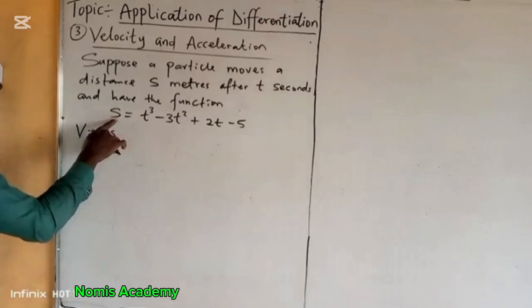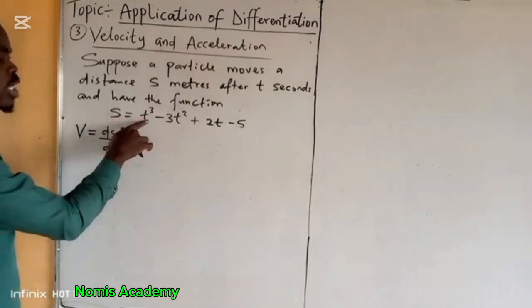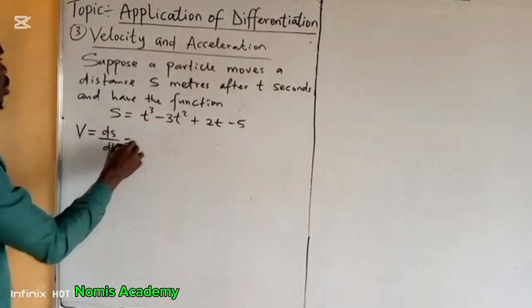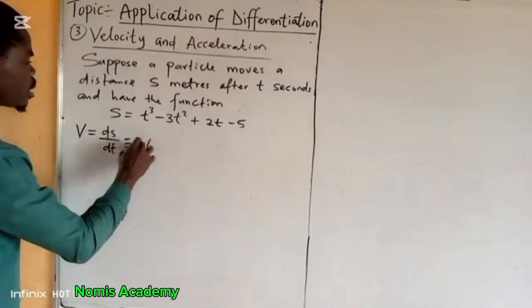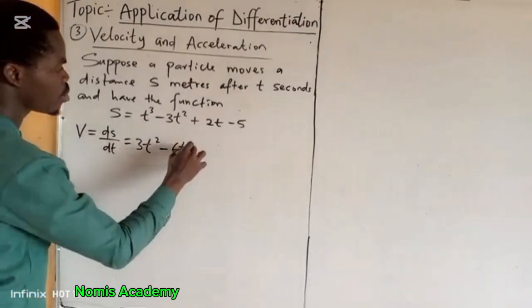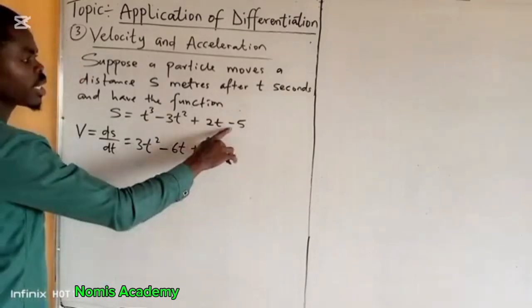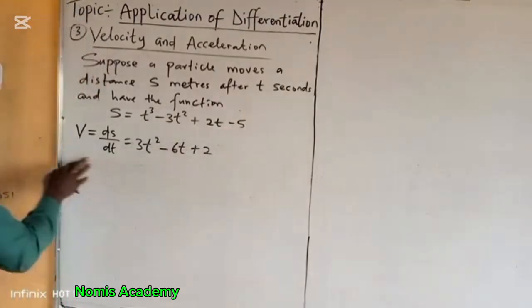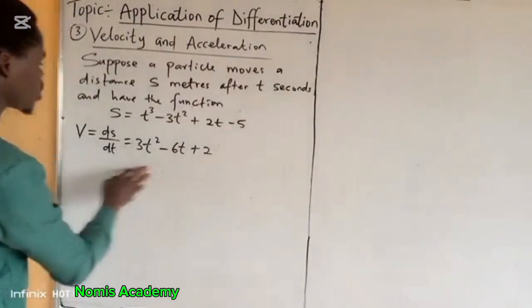So we are going to differentiate s with respect to t. So that will be 3t squared minus 6t plus 2. So this is the velocity of the particle.